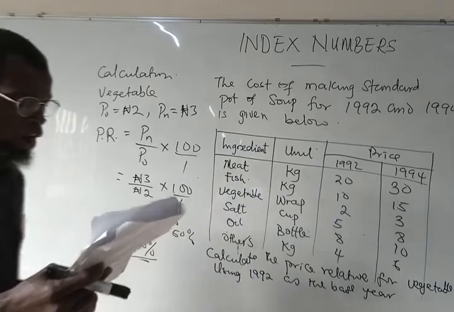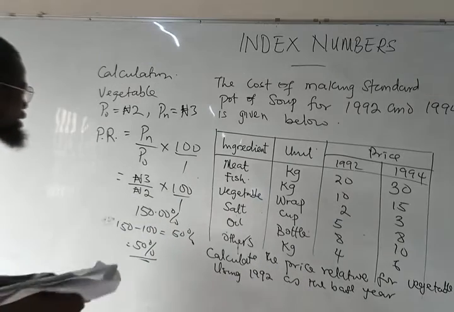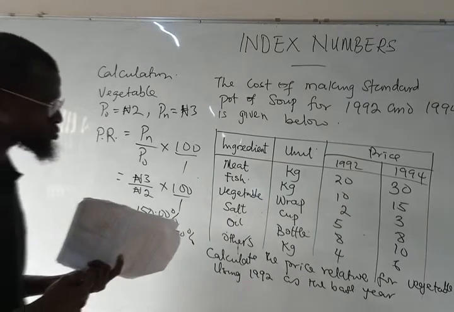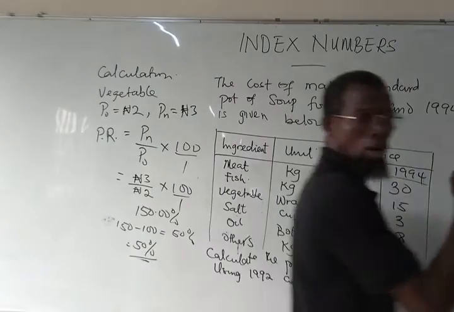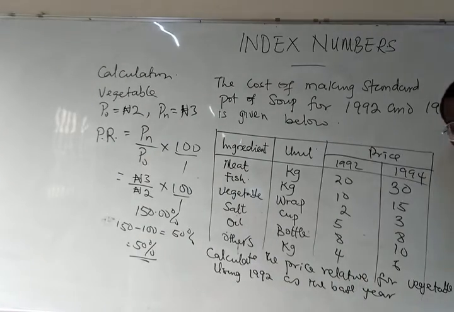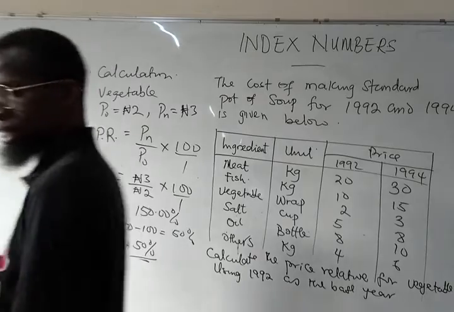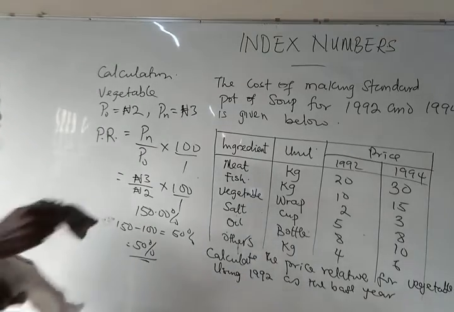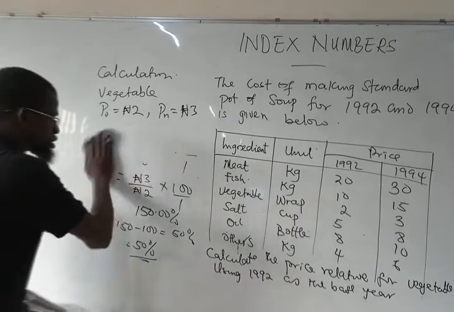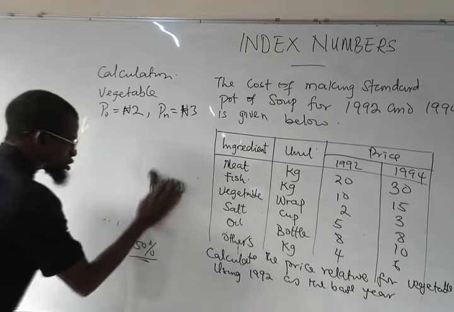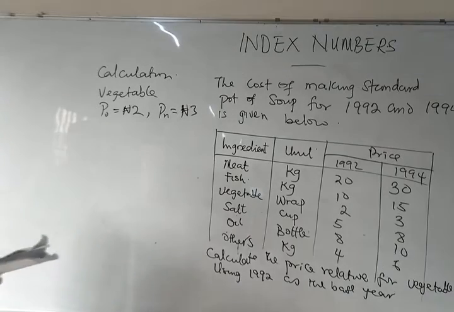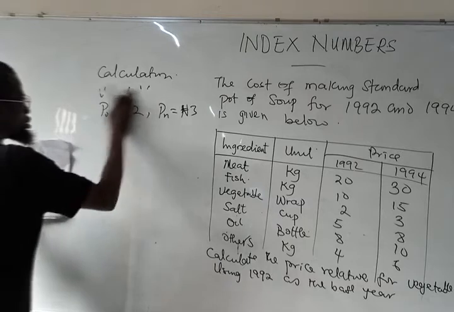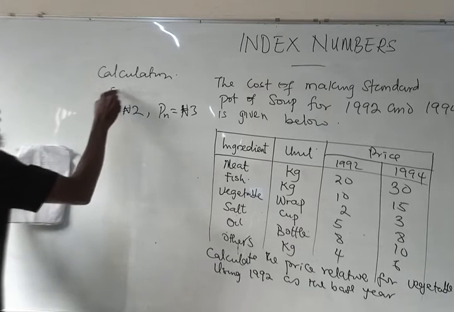So that of the salt, you can easily calculate. Let's quickly rub this off in order to calculate that of the salt. We indicate salt, not vegetable, in this case. Now salt.